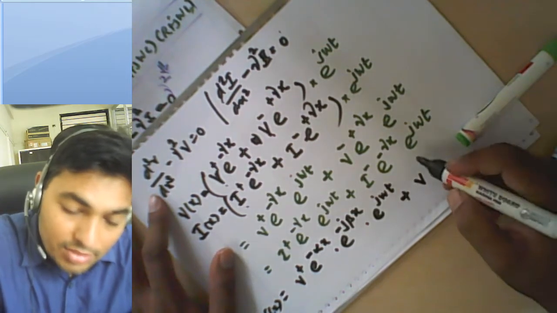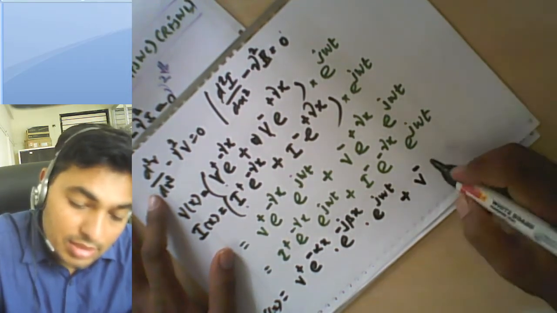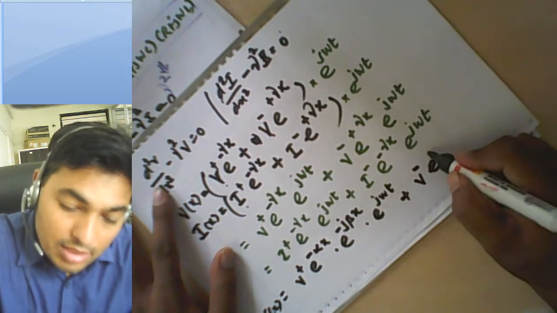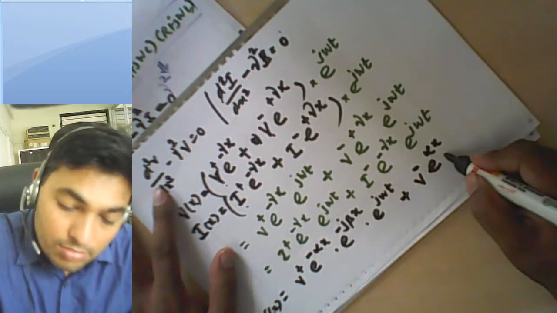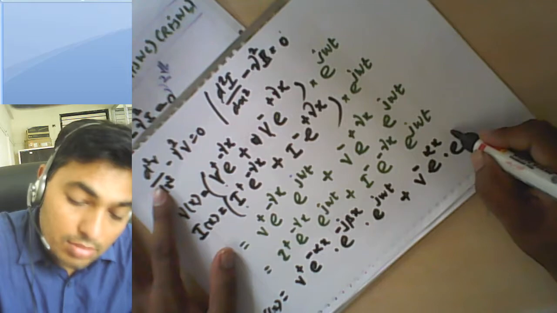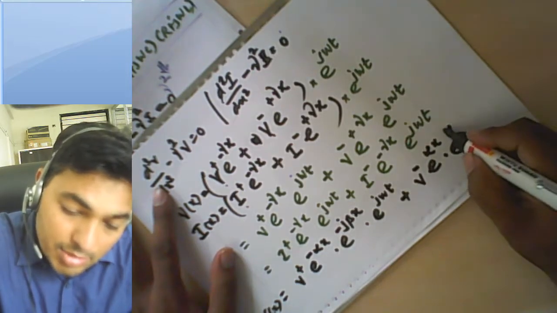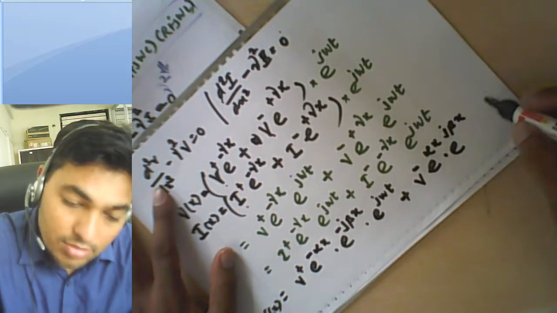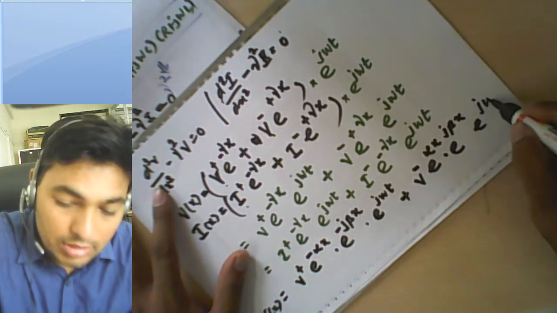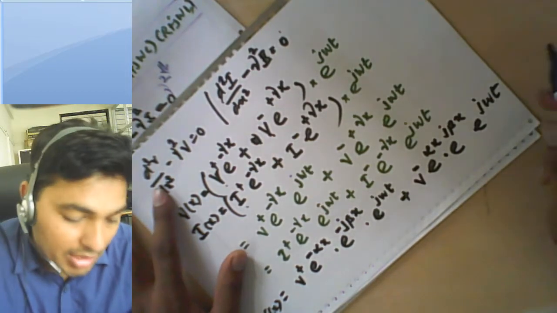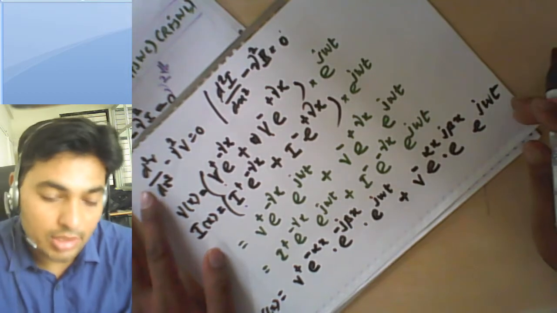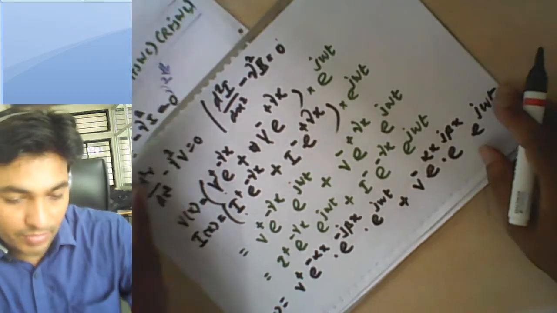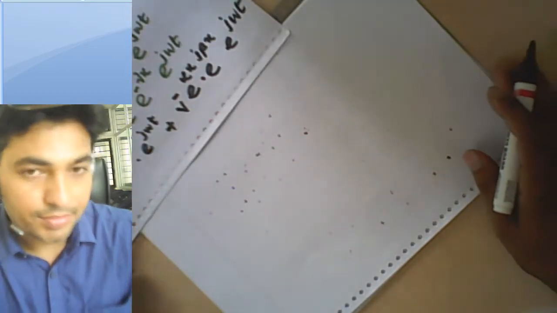Similarly we have V minus e raised to alpha x into e raised to j beta x into e raised to j omega t. Similarly we can write this equation for current. Now we'll simplify this further.